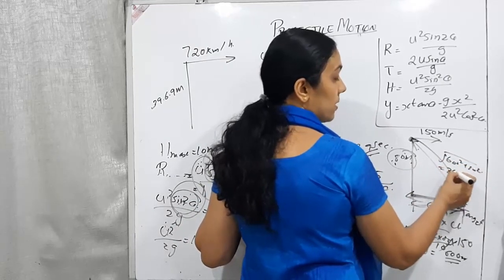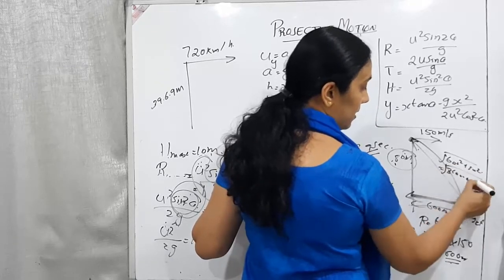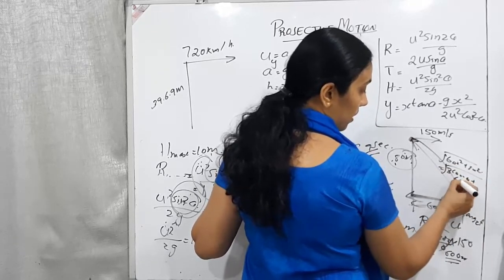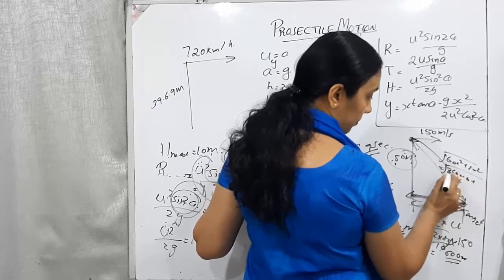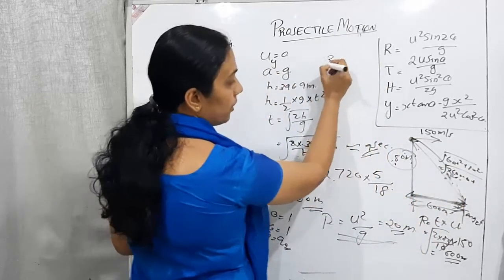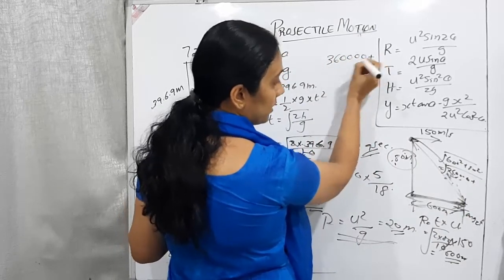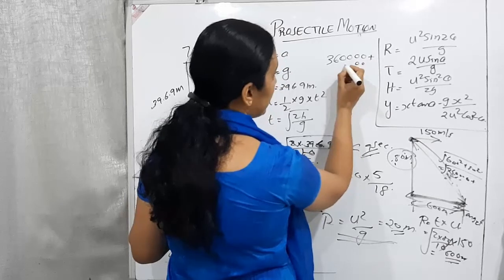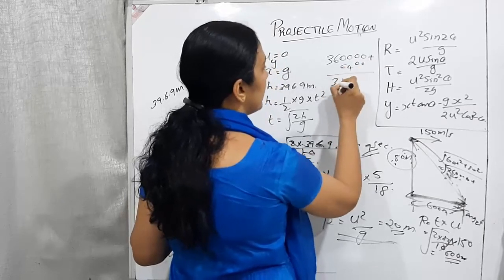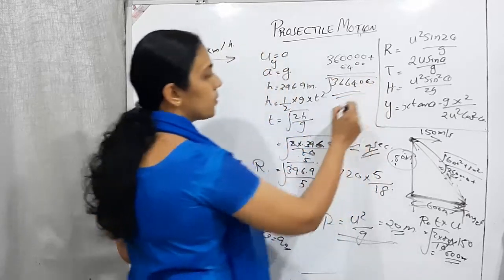Okay, 360000 plus 6400. So that is 366400 under root. This one you can find out.